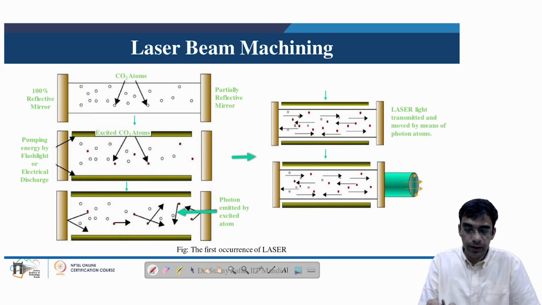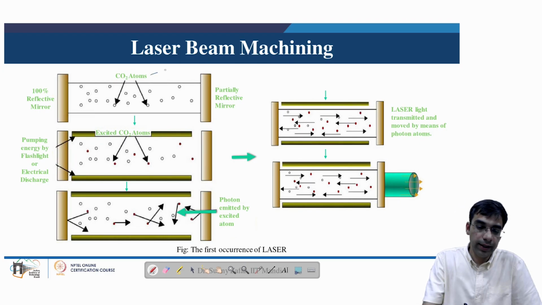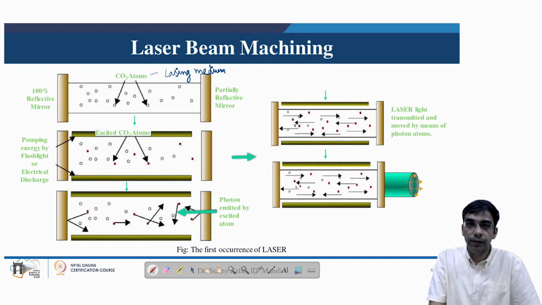So we can see the first occurrence of laser. Here it is shown the example of a carbon dioxide laser where carbon dioxide atoms form the lasing medium, and we have the pumping of the energy using an electrical discharge.